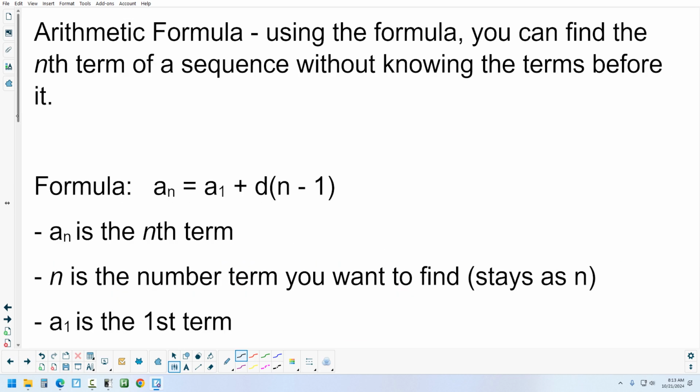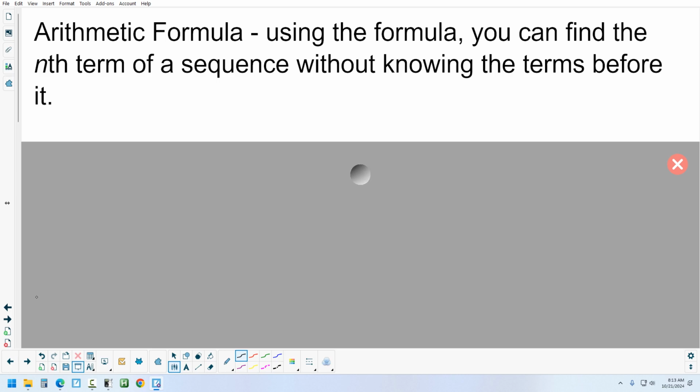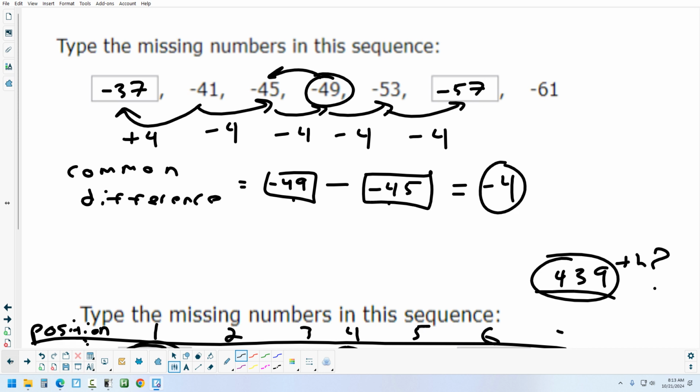And that is called an arithmetic formula. So using a formula, we can find any term that we want to know. And you don't have to start with ones you already know and work your way all the way to it. We're going to be able to just jump right to whatever one we want to know.